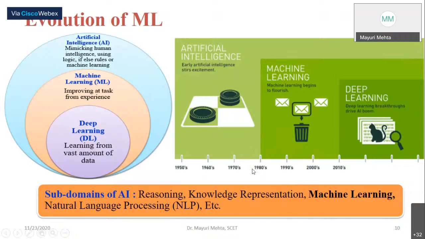Machine learning is a subset of artificial intelligence, as you can see in this diagram, that includes statistical techniques which enable machines to improve at tasks with experience, right? And machine learning is used anywhere today for automation.